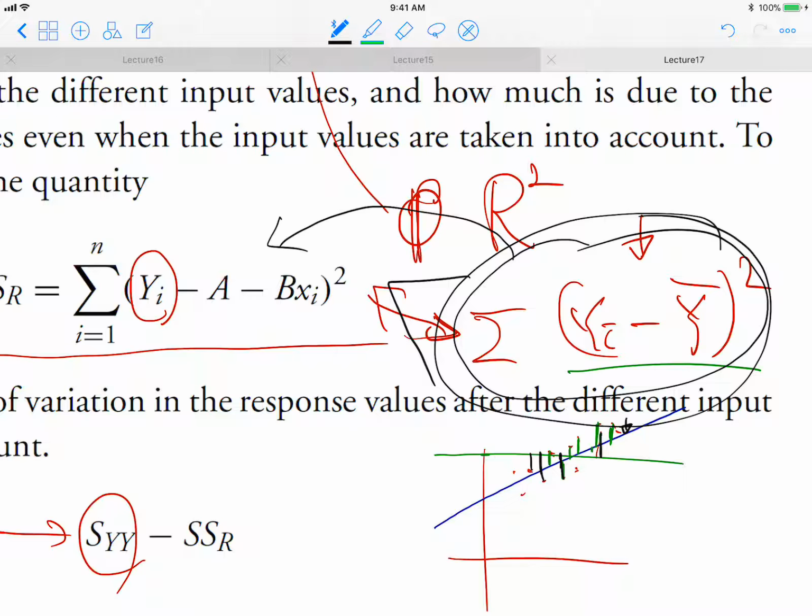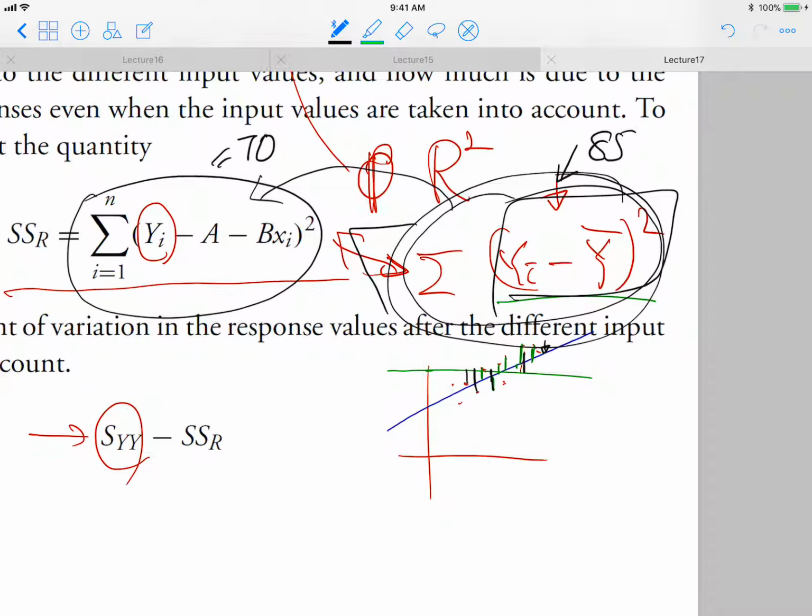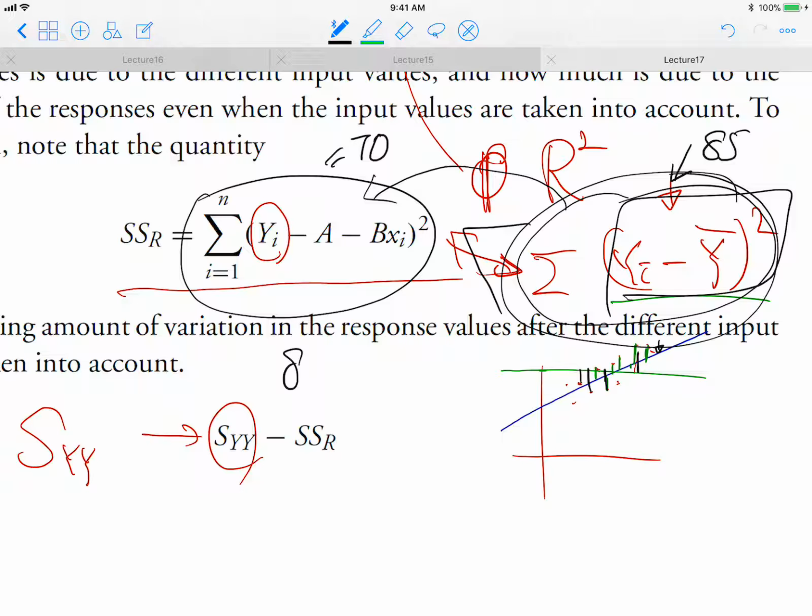So it was something like 85. This is just the sum of squares of the difference between the y value and the sample mean of y. And suppose the other value was maybe 70, just as an example. Then you can think of 85 being decomposed into 70 plus 15.